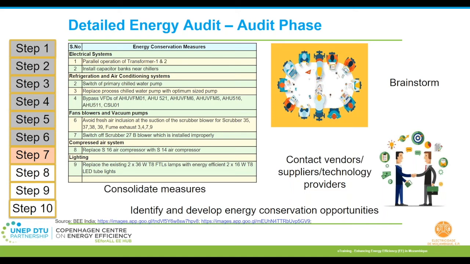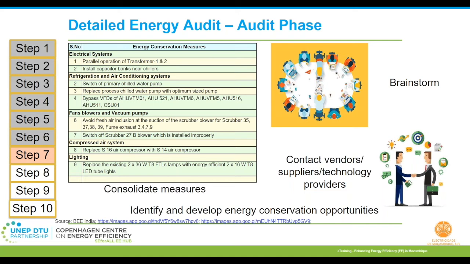The ideas will then be discussed with the operators or unit personnel, facility managers, production managers, or the management. It is important that they understand the energy auditor's point of view, and it is also important that the energy auditor understands the management's or the operator's point of view. So at times, all the parties will have to do some brainstorming sessions to see how an idea can be adopted.